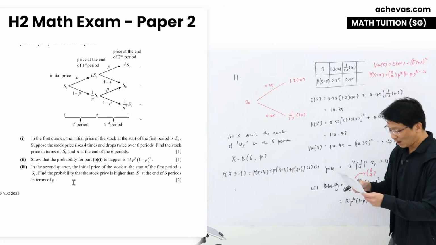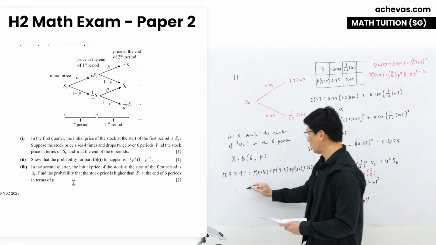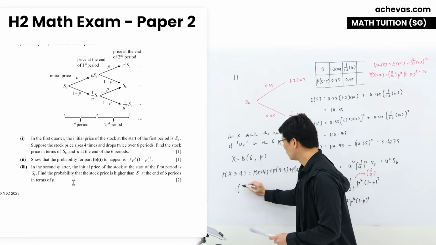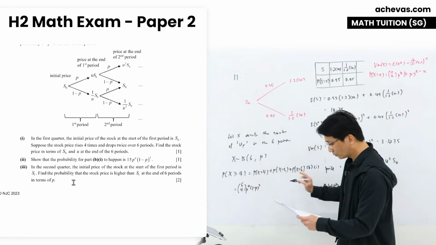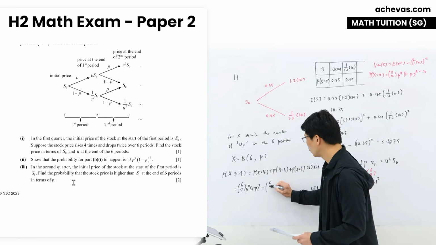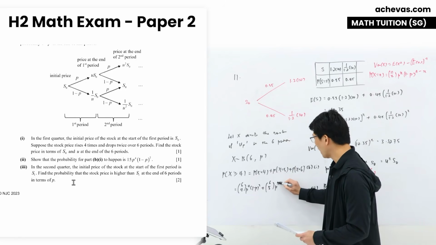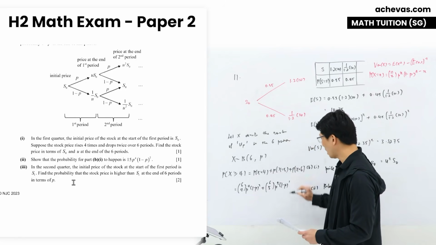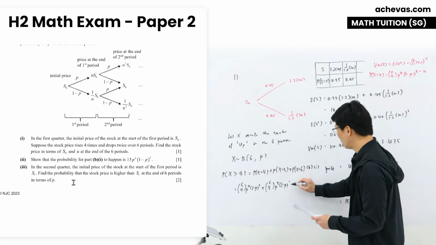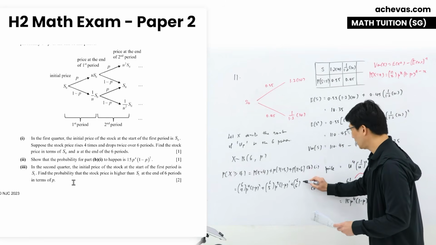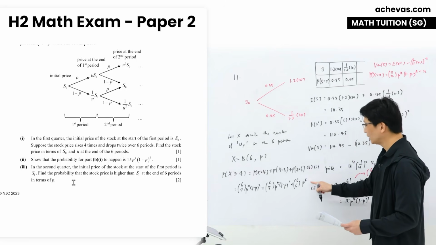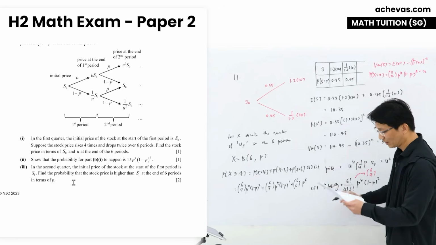So it's going to get a bit messy, so I will just write down each of them now. The first one will be 6 choose 4, p to the power 4, 1 minus p squared. The second one will be 6 choose 5, p to the power 5, 1 minus p to the power of 1. And the last one will be 6 choose 6, then p to the power of 6, and 1 minus p to the power of 0 is just 1, so I just leave it like this.